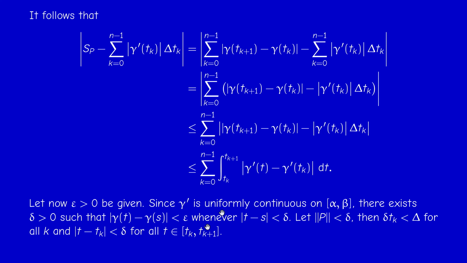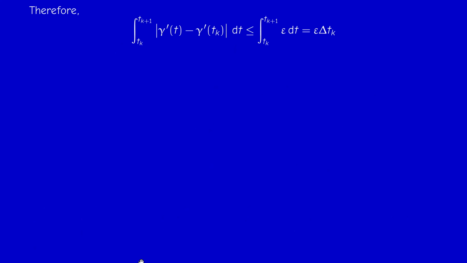And so if t is between tk and tk plus 1, the length of this interval is less than delta, so the difference between t and tk is less than delta, right? Therefore, the difference between their images is less than epsilon by uniform continuity, right? And since this is true for all t, I just integrate. I can integrate inequalities. So this is less than epsilon if t is in this interval.